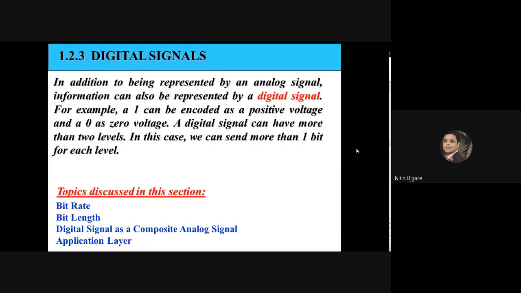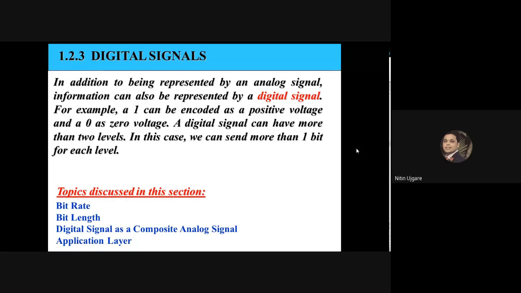Only the way we represent the information using a digital signal is different. Here in a digital signal, we use 2 digits, 2 codes to represent the signal. For example, a 1 can be encoded as a positive voltage and a 0 can be encoded as a 0 voltage.